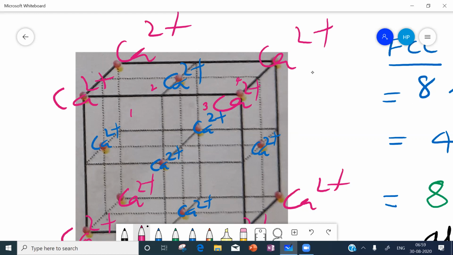That means it is in contact with how many small cubes? That also you see.